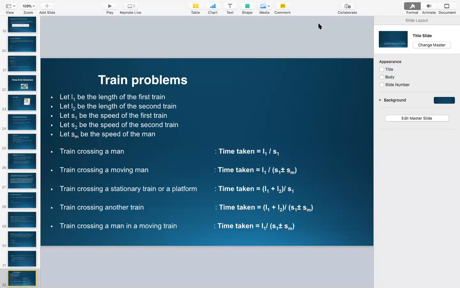So, are all these five cases clear? Ashutosh has asked a big question. What if two trains are running in the opposite direction and a man is inside a train? The speed of the train in which there is a man inside is x.